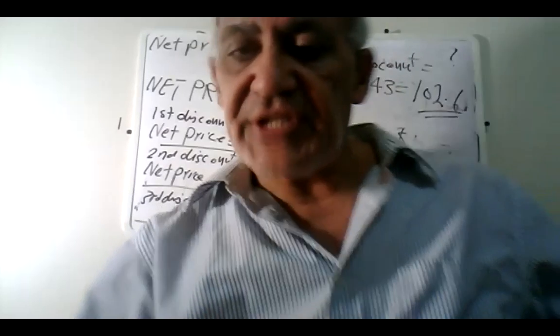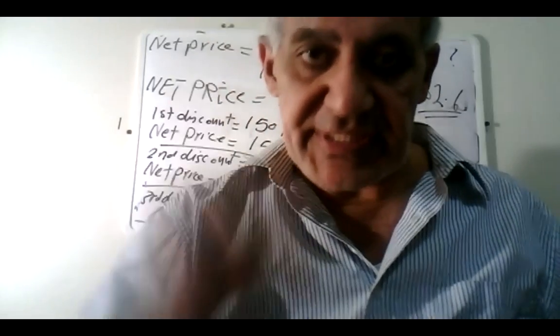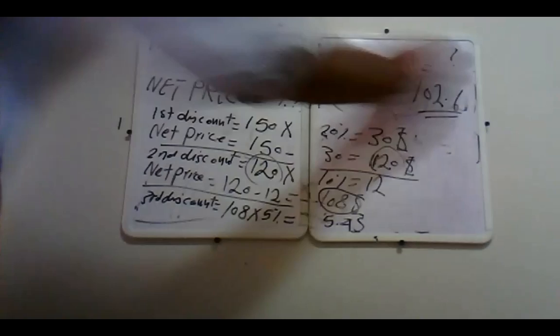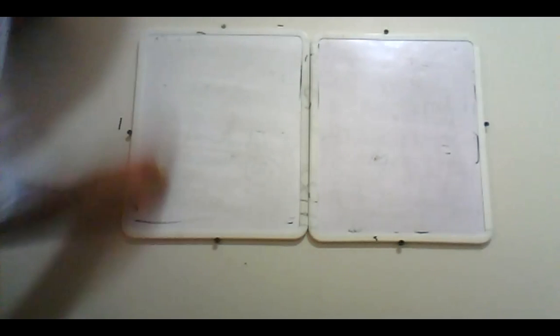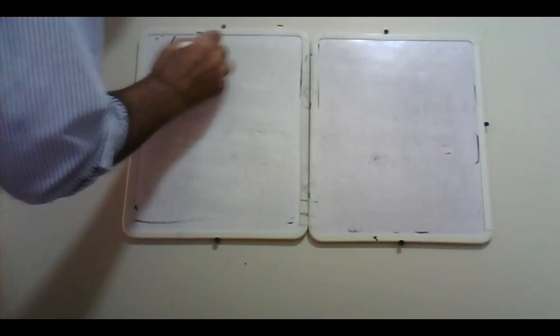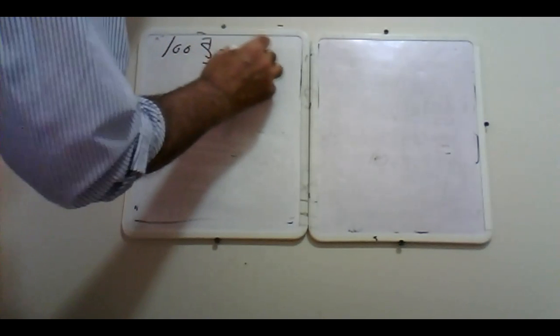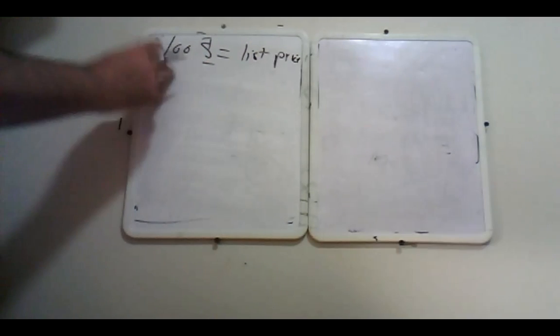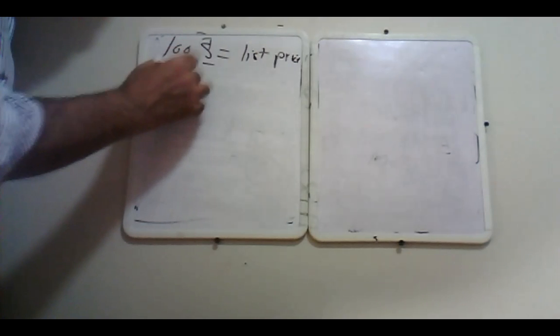Now I want you to pay attention to what I will say here in this point, please. If I say like this, as an example, let me say you bought an item of $100 as a list price, and you bought it with a 20% discount.